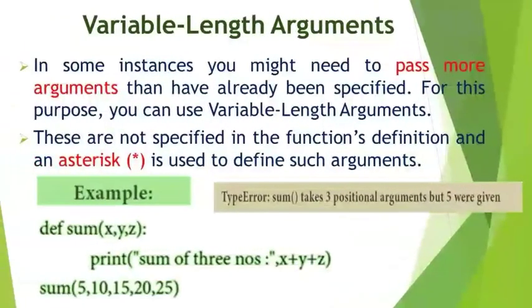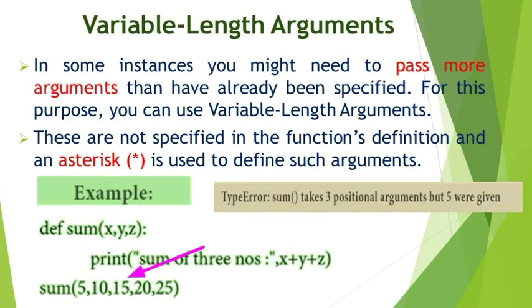Next let us see about variable length arguments. In a function, if you want to pass more arguments, then what you will do? See here, in this example, the function name is sum. Within that function, x, y, z parameters are defined. And in the print statement, you have to print the sum of three numbers, that is x plus y plus z.